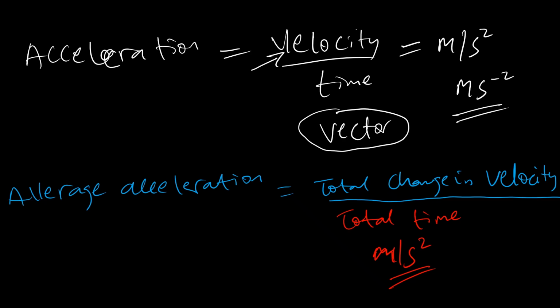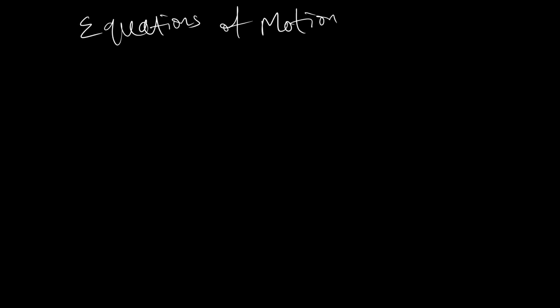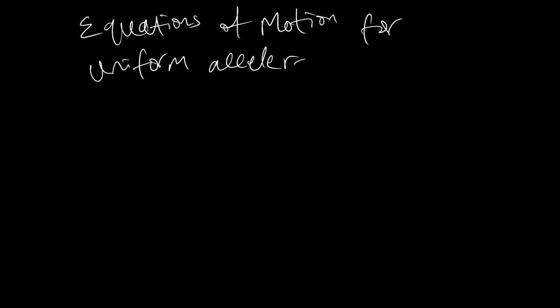Now we are going to look at the four equations of motion for uniform acceleration. The first equation of motion is v equals u plus at.